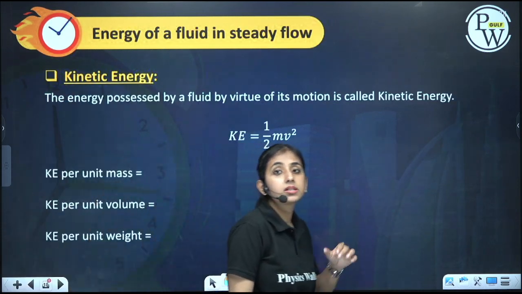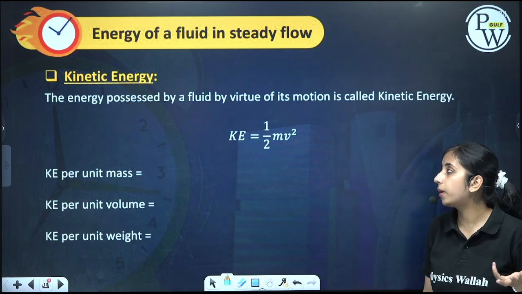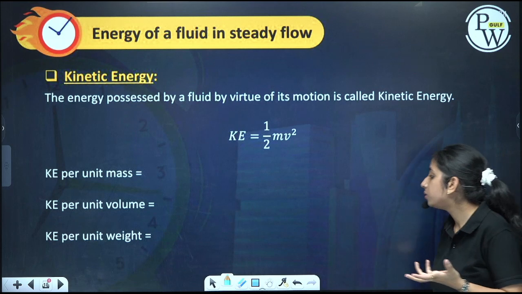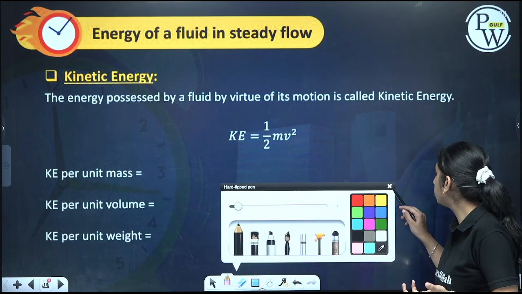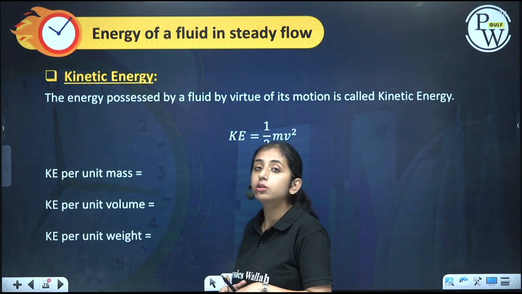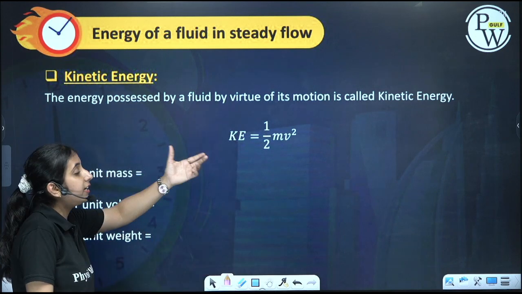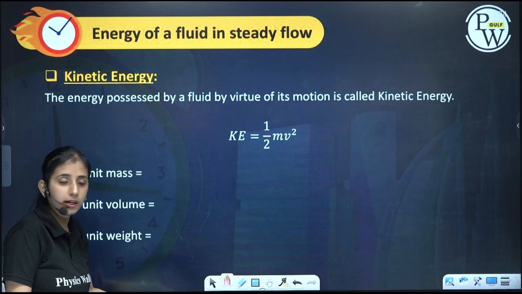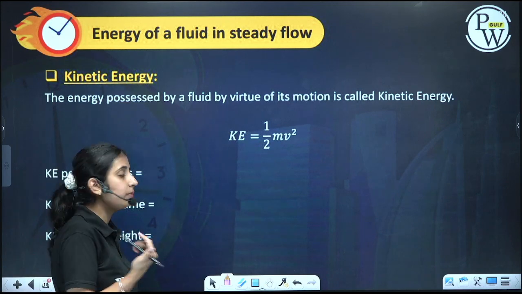See, next comes different types of energies possessed by any fluid. So fluid can possess kinetic energy, the energy which comes due to its motion. Okay, that is called kinetic energy. Kinetic energy of the fluid is half mv square. If m mass of fluid is having v speed, kinetic energy will be half mv square.